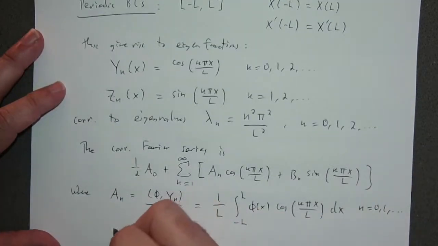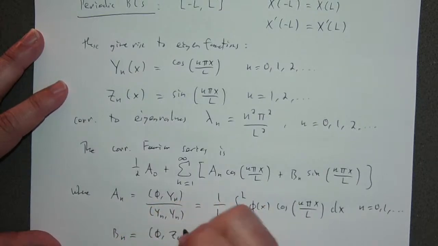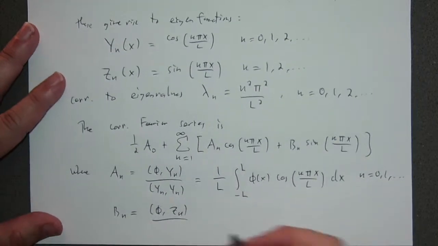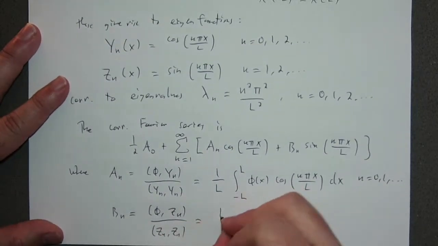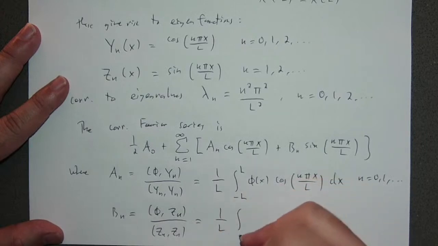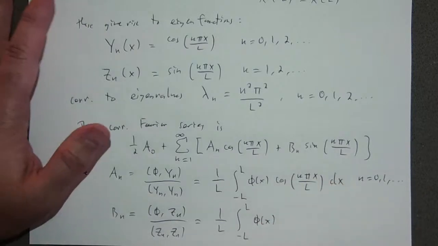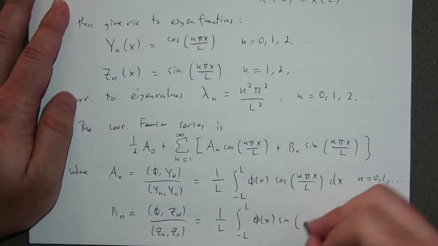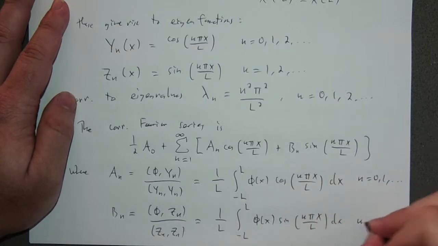And b sub n is phi paired with z sub n over z sub n paired with itself, which turns out to be 1 over L times the integral from minus L to L phi of x sine of n pi x over L dx, where n starts at 1, 2, and so on.